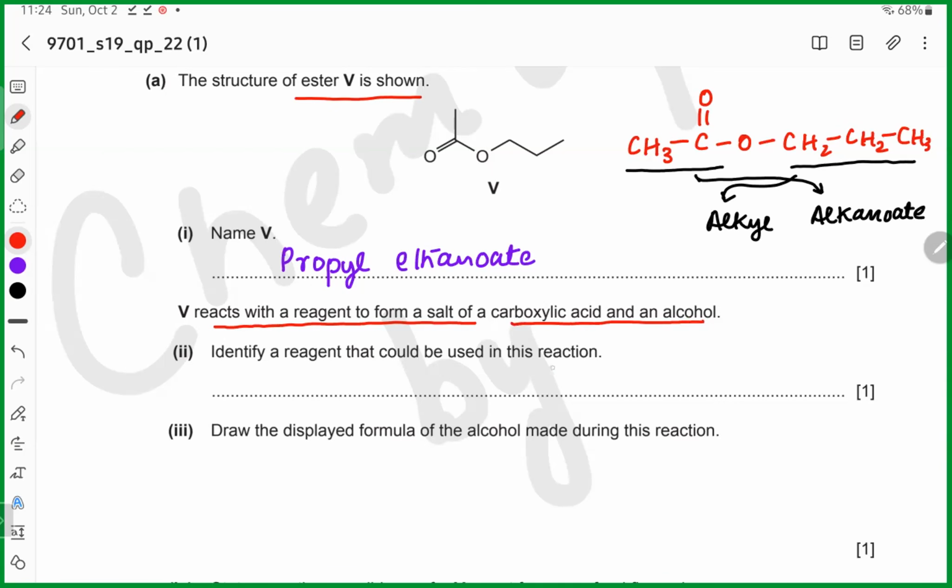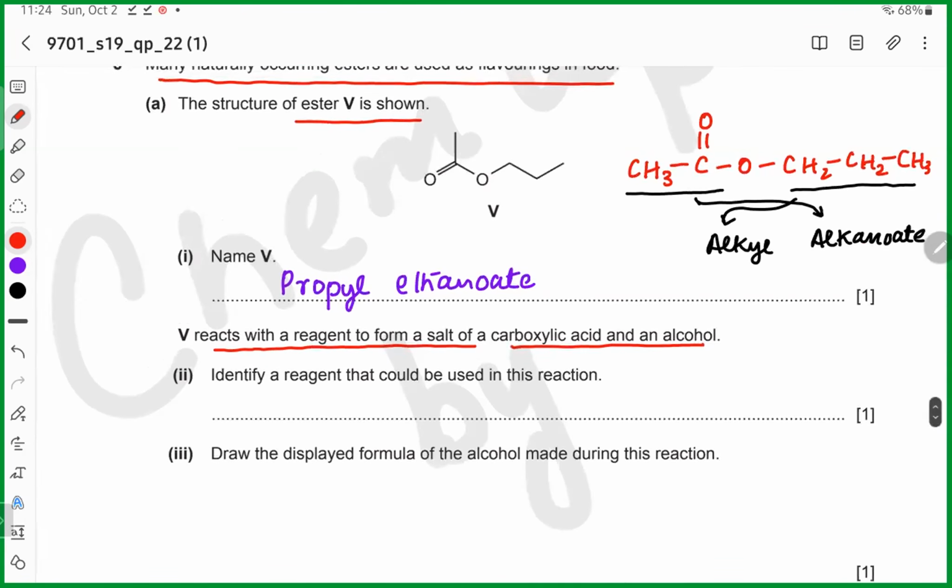Then it reacts with a reagent to form a salt of carboxylic acid and an alcohol. Identify the reagent that could be used in this reaction. First thing, the ester is broken down into 2. It means they are talking about hydrolysis, and there are 2 kinds of hydrolysis, alkaline hydrolysis and acidic hydrolysis.